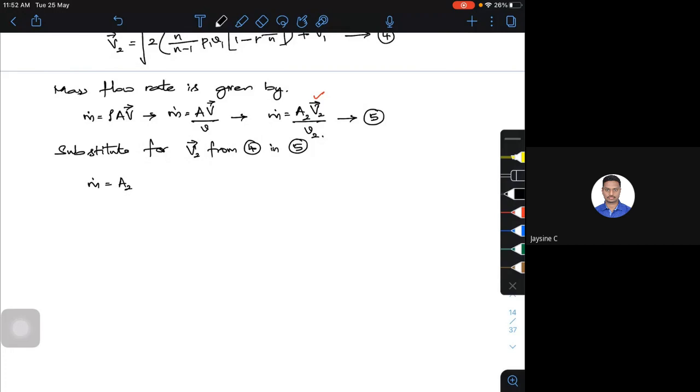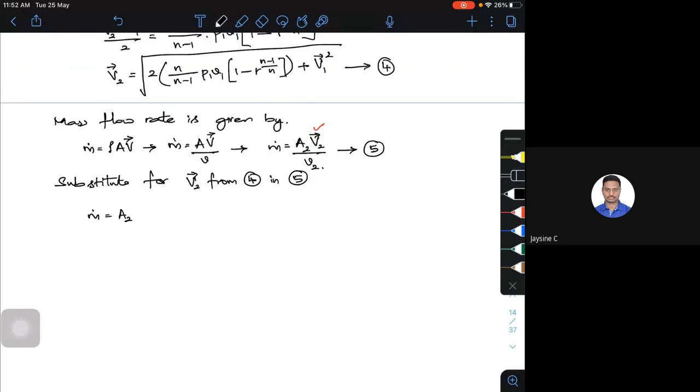So what is your V2? It's a square root of 2 into n by n minus 1 into p1 v1 into 1 minus r to the power of n minus 1 by n, plus V1 square, whole thing divided by small v2.